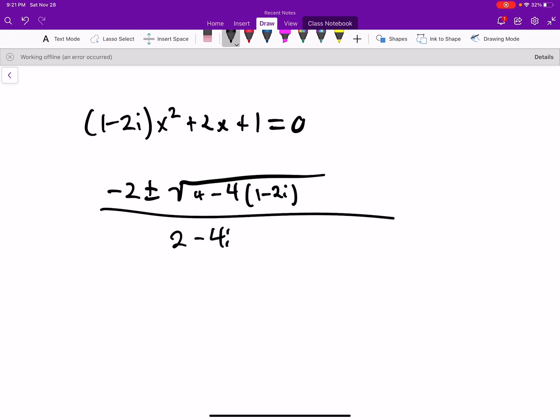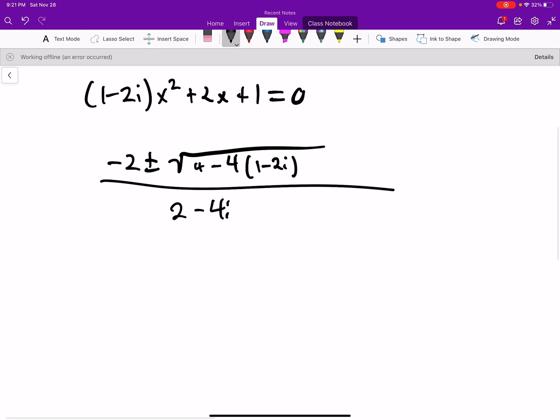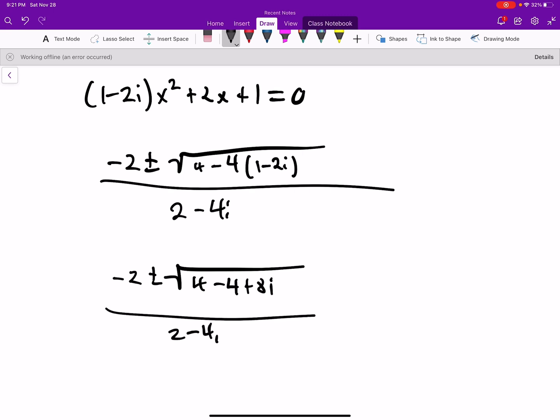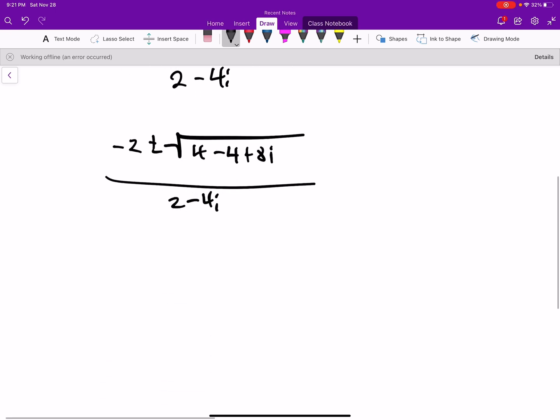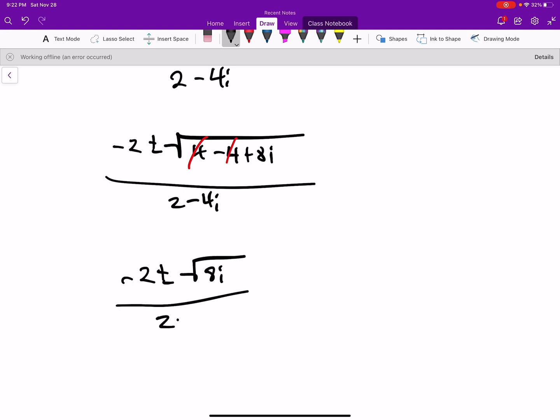Then I'm just going to simplify the inside of that square root: -2 plus or minus the square root of 4 minus 4 plus 8i, all over 2 minus 4i. Then I notice that these 4's cancel. I'm left with -2 plus or minus the square root of 8i, all over 2 minus 4i.